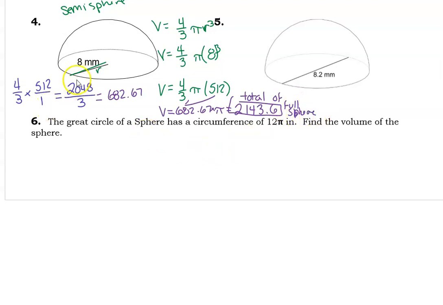But I don't want the full sphere, I want half of that. So to get half of that, I divide it by 2. So when I divide that by 2, I get 1,071.8 millimeters cubed. That's my volume of this sphere.